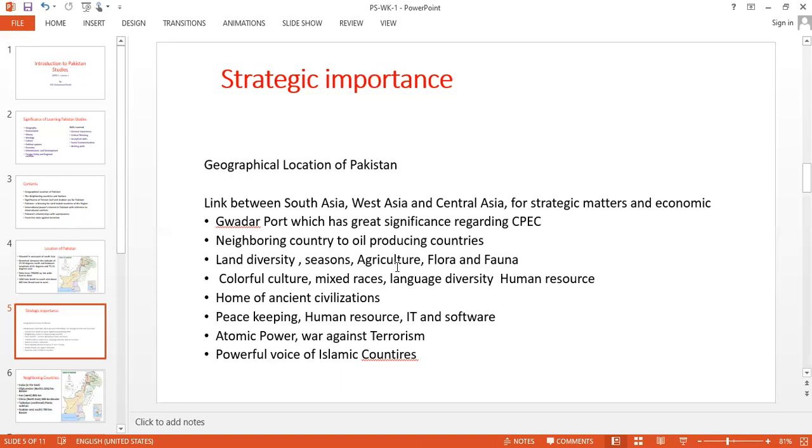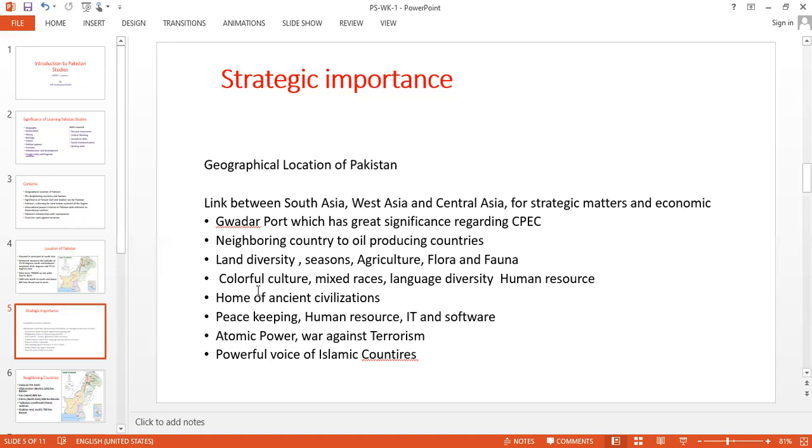In the upper plains, we find the KPK region and some areas of Balochistan, and at the lower end Sindh, whereas in the lower plains, the Punjab is all included. And because of the water, there are jungles, herbs, and the flora and fauna of Pakistan is wonderful.